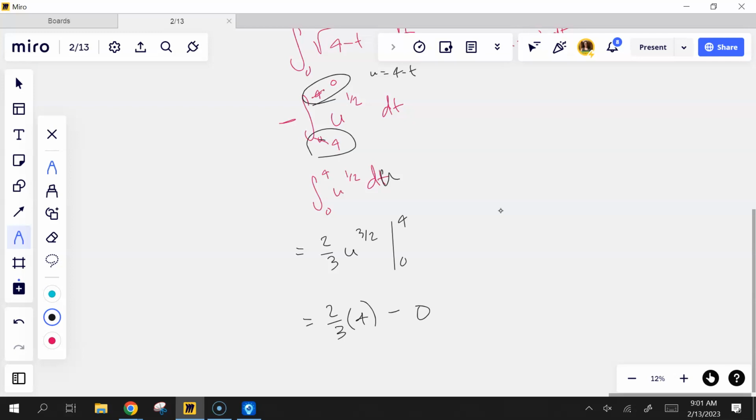That's where I did this, because they were still in terms of t and not u. Then whenever you did, did you get 8/3? What'd you get? Wait, this is 4 to the 3/2.